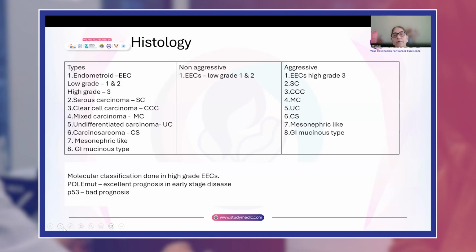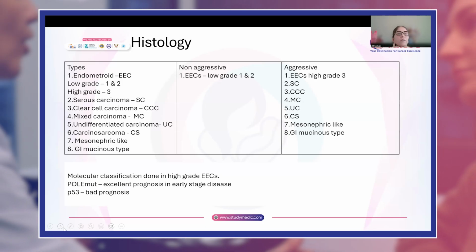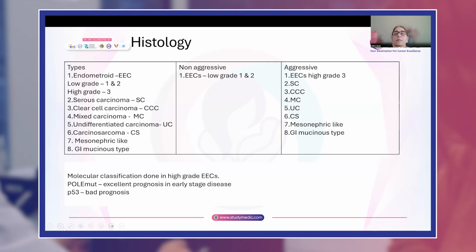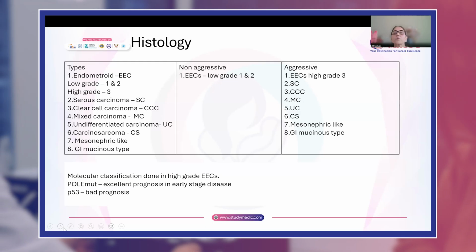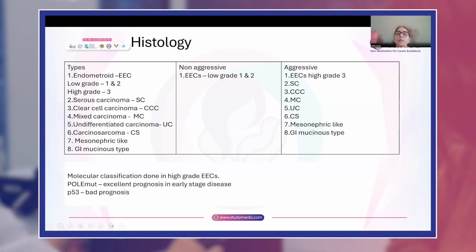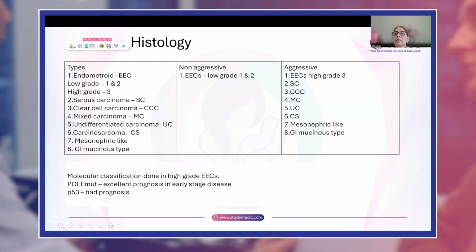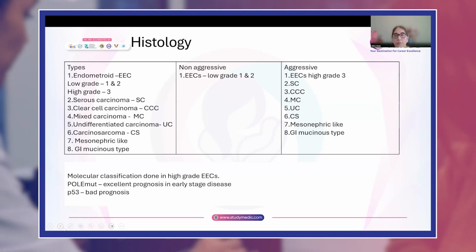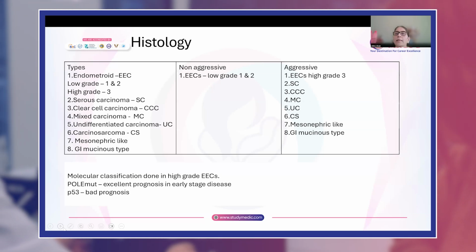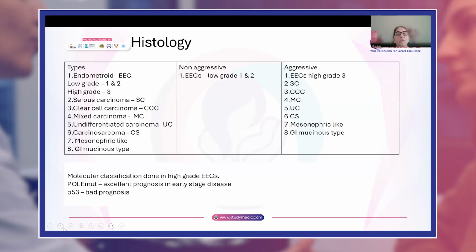Whereas endometrioid grade 3, then serous carcinoma, clear cell carcinoma, mixed carcinoma, undifferentiated, carcinosarcoma, mesonephric type, and GI mucinous type, all these are aggressive tumors. So automatically the staging is going to be upgraded whenever you have these histological types.